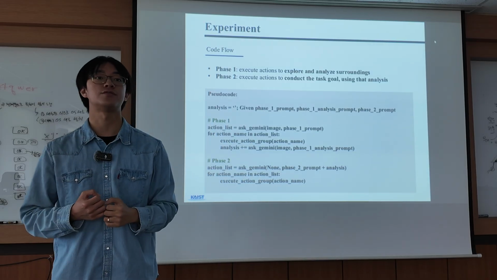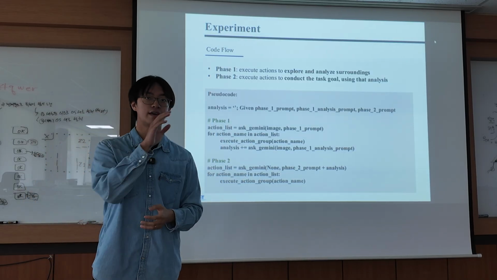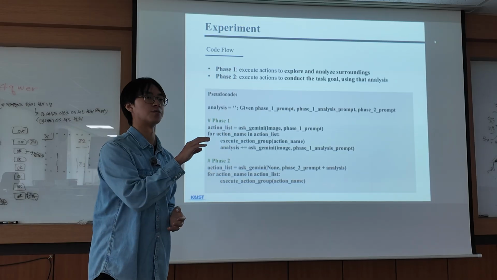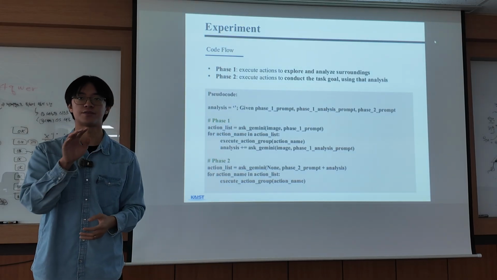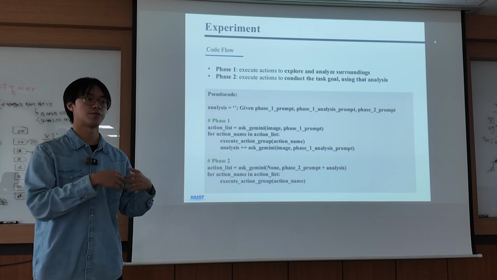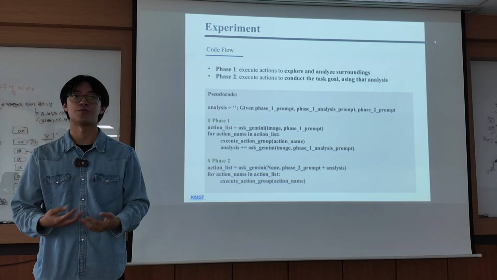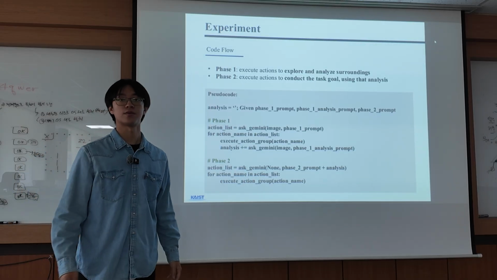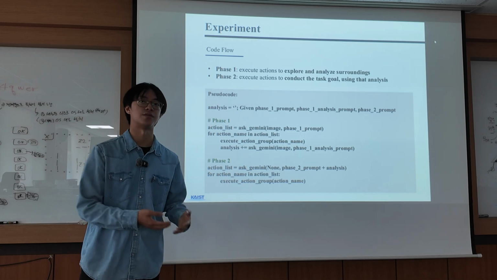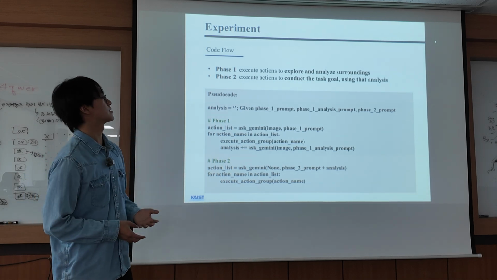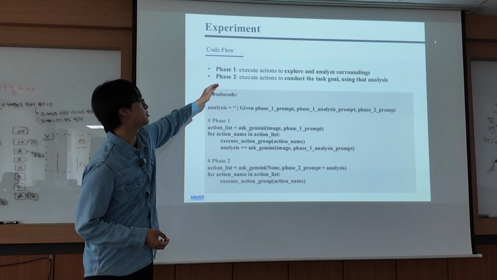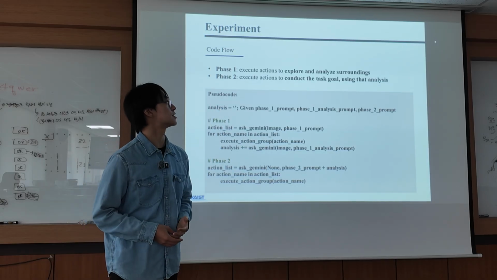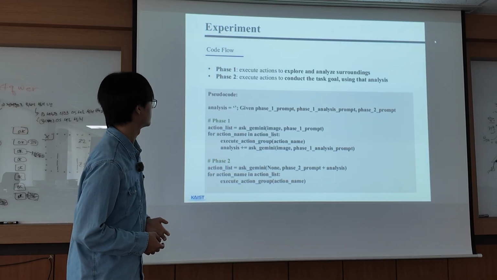Because what you have to do is, after the robot explores its surroundings, what is inside where, and where the red cube or the blue cube is, you should ask Gemini, and then you should execute actions to conduct the test goal using that analysis.